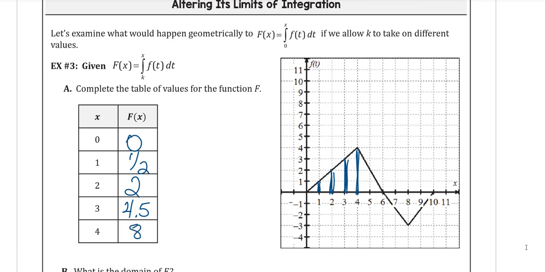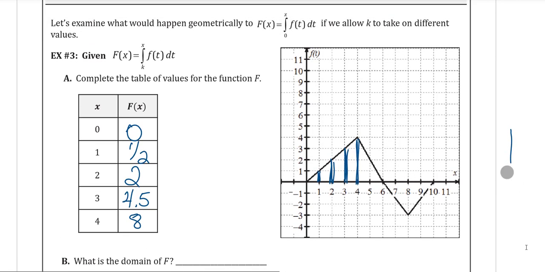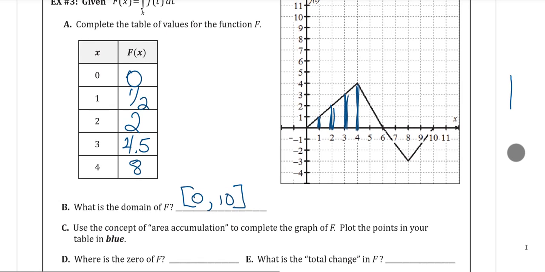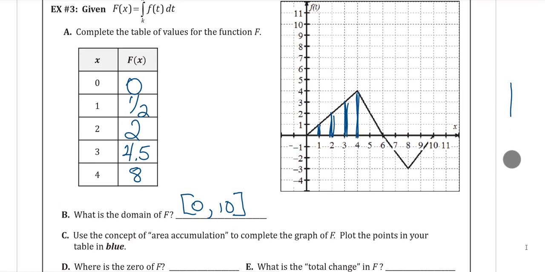Okay, now for part B, it asks us what is the domain of f. It's going to be whatever is defined for f of t, and we can see from the graph that our domain is defined from 0 to 10. And our next question is, use the concept of area accumulation to complete the graph of f.